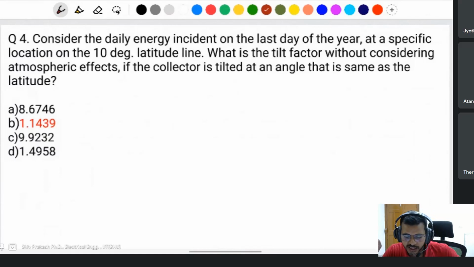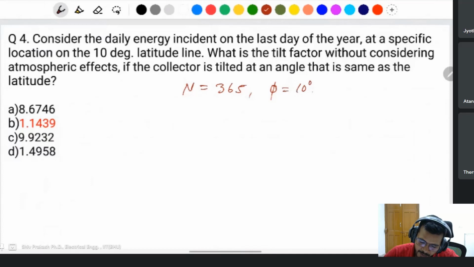Okay, daily energy incident on the last day of the year means n is 365, and at a specific location on the 10-degree latitude, phi is equal to 10 degrees. The collector is tilted at the same angle as the latitude angle, so beta is also 10 degrees.